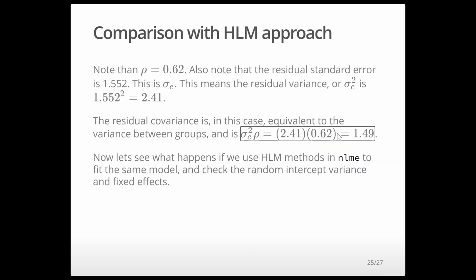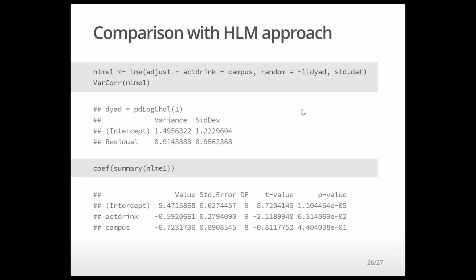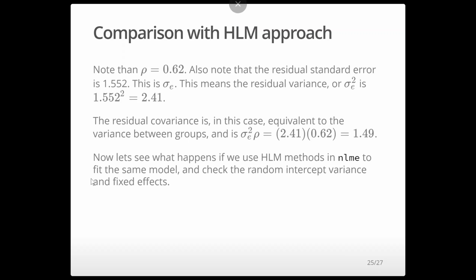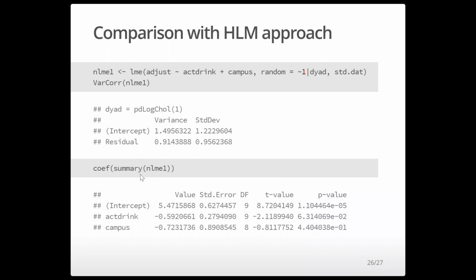So what we're saying here is essentially the off-diagonal element in this compound symmetry approach is equivalent to the random intercepts. Note that this is only true when rho is positive. The advantage of this approach using gls is that it allows rho to potentially be negative, which the HLM approach does not.